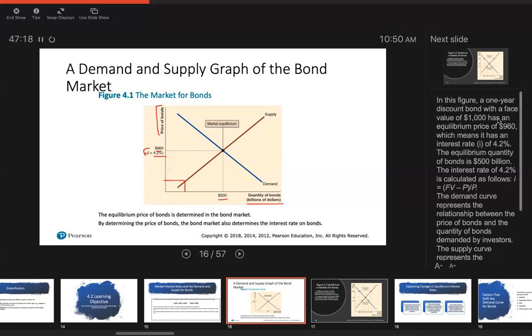So a 1 year discount bond, which has a face value of $1,000, is being sold at $960 today. So what is the yield on that? You can just plug it in, but you can straight away see that if it'll pay off $1,000 in 1 year and I can buy it for 960, the difference is 40 over 960, which is 4.2%. That is the interest rate that I get on that bond. That's where I'm getting the 4.2% number.